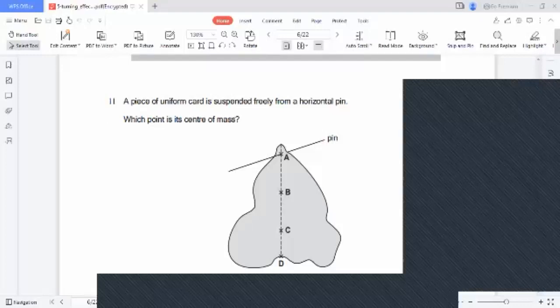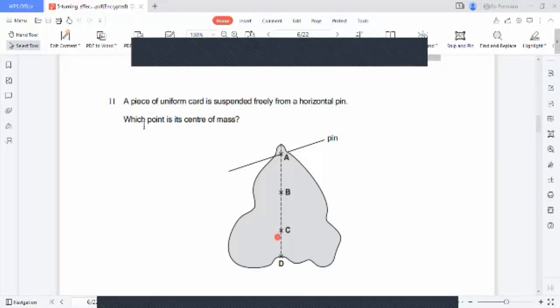And most probably the center of mass is C because it is lower. And if we want to find it out, there is a method to find the center of mass. Suppose we insert a pin here, then expectedly it would go something like this.